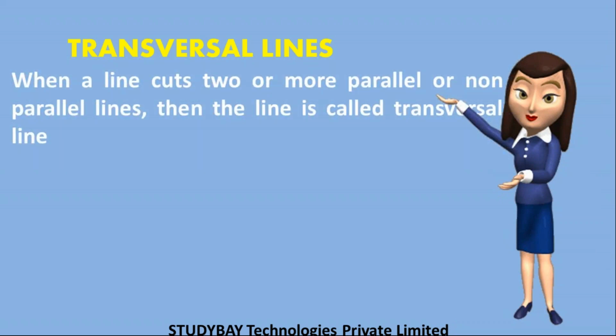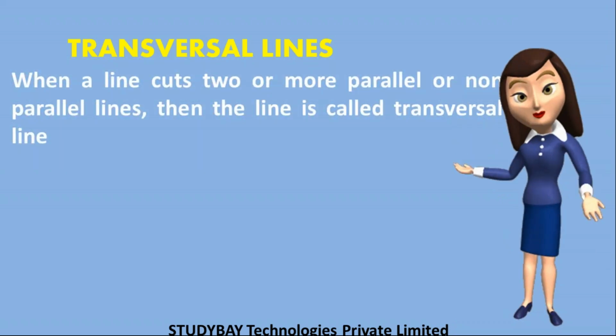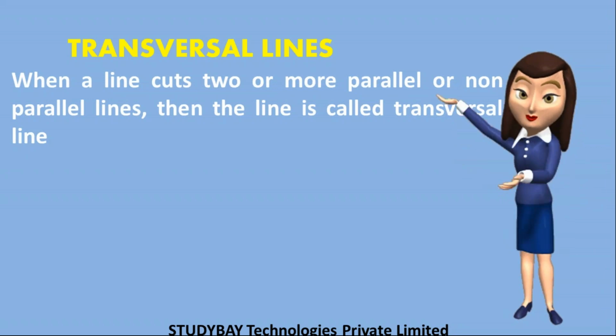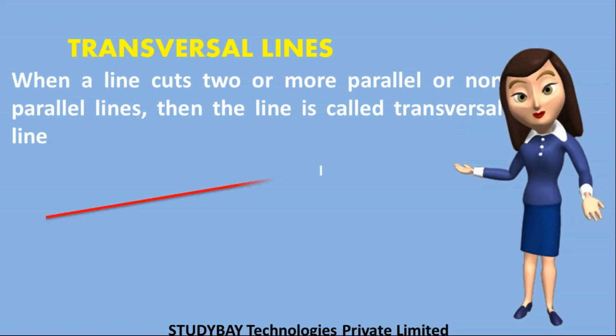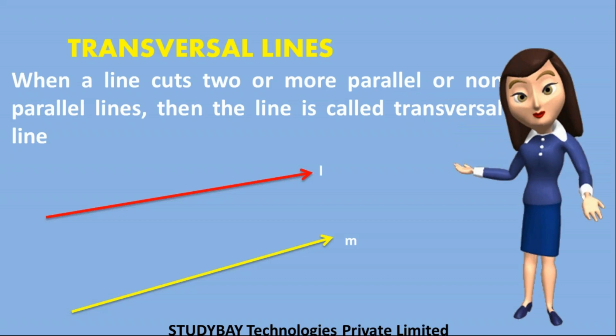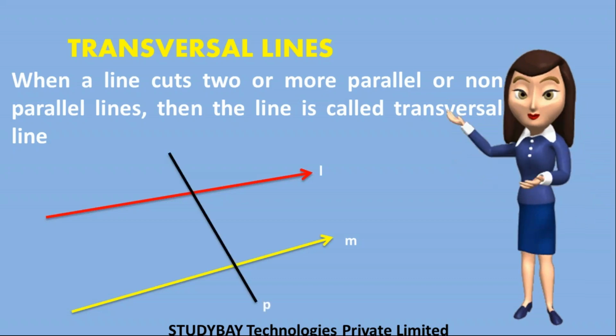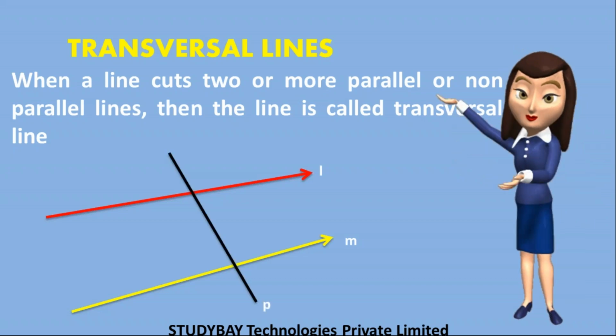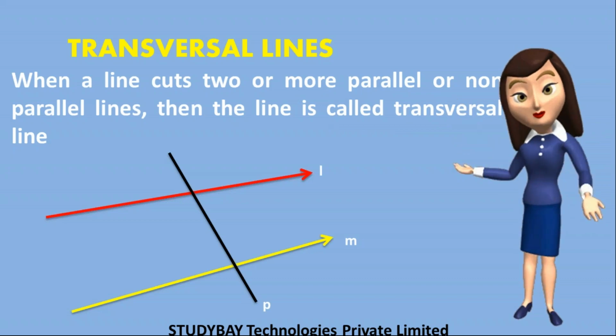When a line cuts two or more parallel or non-parallel lines, that line is called a transversal line. We have line L and line M, and you can see that these two are not parallel. However, if we cut them with a line P, then line P is called a transversal line.